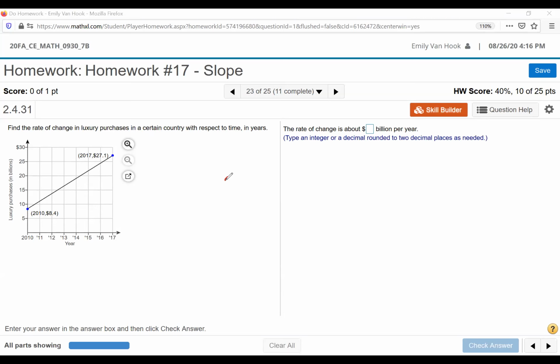So we could do the y coordinates, 27.1 minus 8.4, that's the rise over, and then 2017 minus 2010. Okay, so on the bottom we have year. That's our units for the x-axis, and then the y-axis, it says luxury purchases in billions. But notice it does ask for the answer in billions per year anyway.